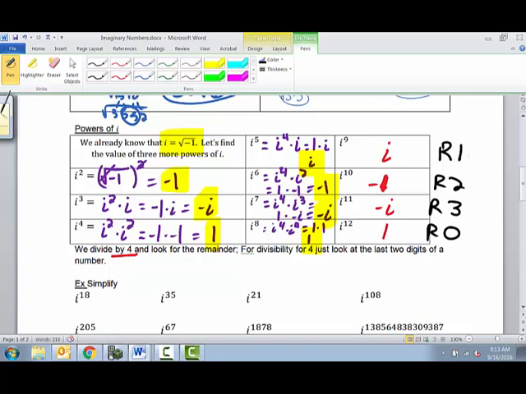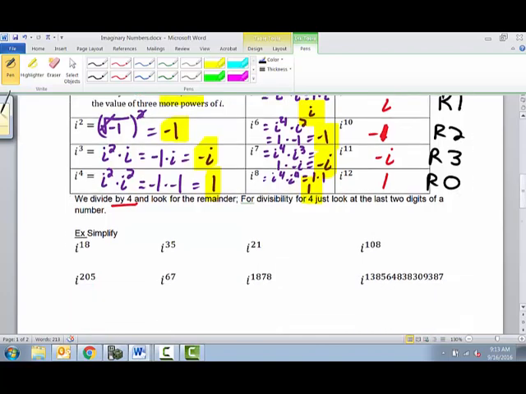So when there's a remainder of 1, it's i. When it's a remainder of 2, it's negative 1. When it's a remainder of 3, it's negative i. And when there's no remainder, it's just 1. So we just look at the last 2 digits to see if it's divisible by 4. So we don't care what all the rest of it is.